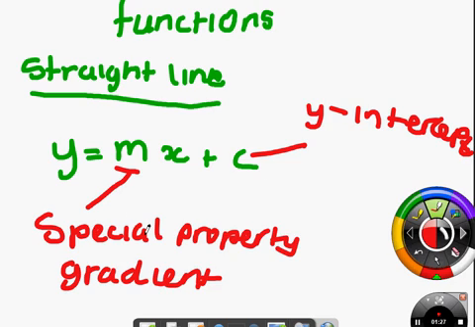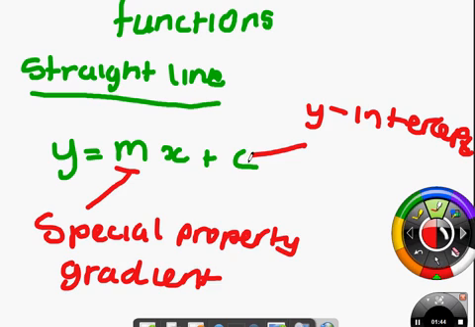So whenever you're looking at a straight line, you must know that there will be two numbers in the equation. Usually the number in front of x, the coefficient of x, is called the gradient, and that is only if the coefficient of y is 1.